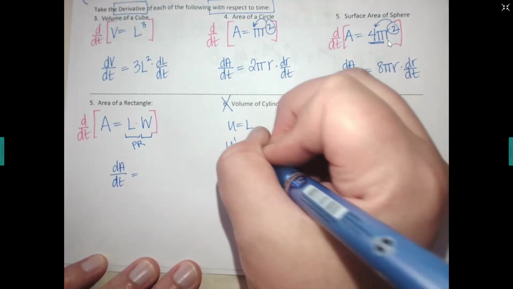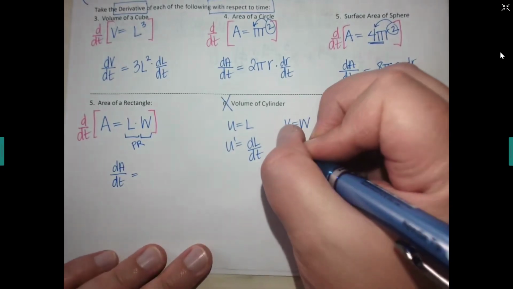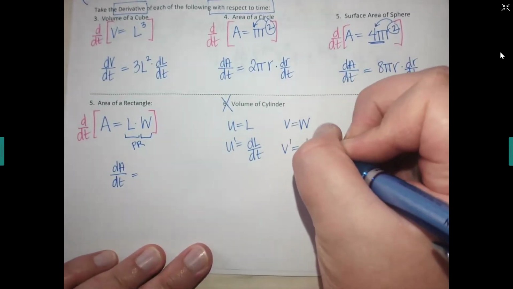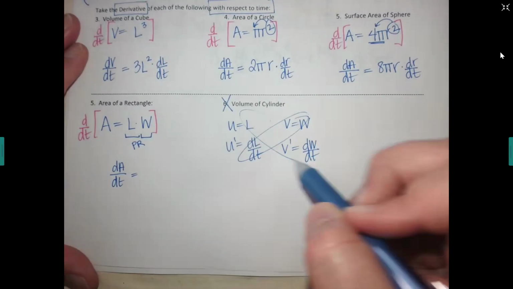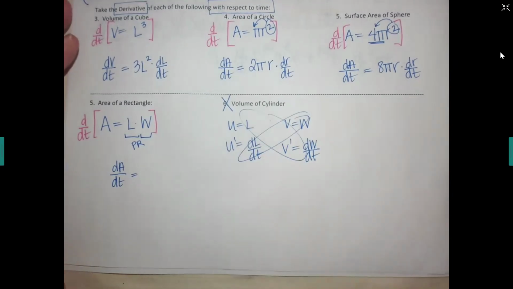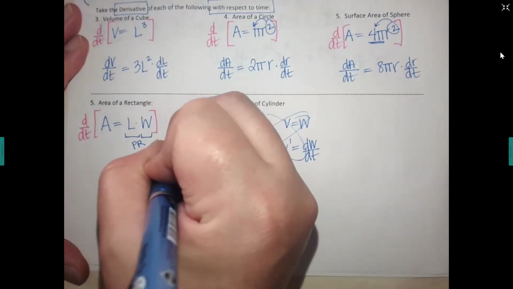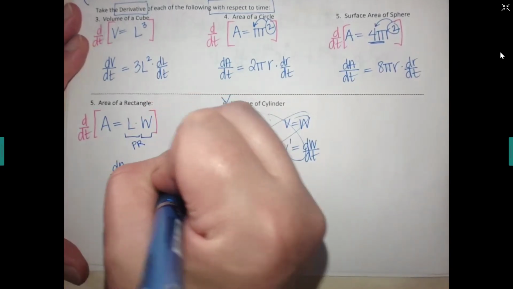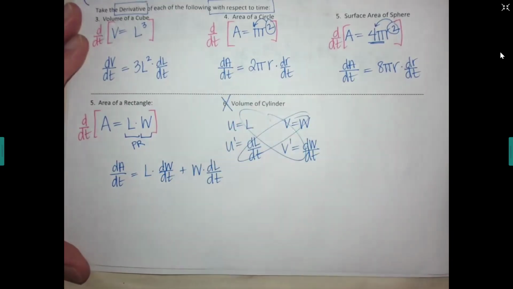So L, the derivative is dL/dt. And then W, the derivative would be dW/dt. Okay, then from there, this plus that. So it'd be L dW/dt plus W dL/dt.